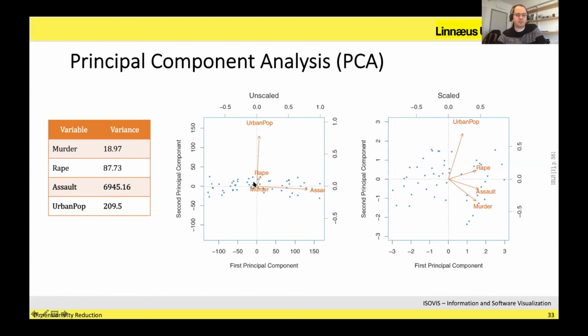But the point here is that you have variables that are very different in scale. One is like 18, the other is 87, the other all of a sudden is 6,945. So what happens here is that when you have the PCA, it's kind of like this squeezed projection, because each of the dimensions has affected the final results in very different ways.